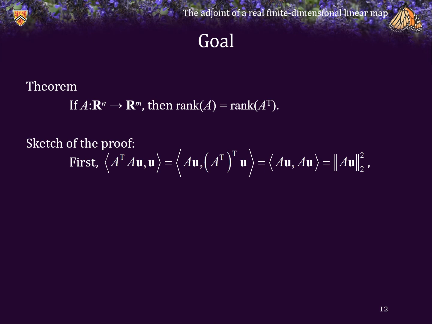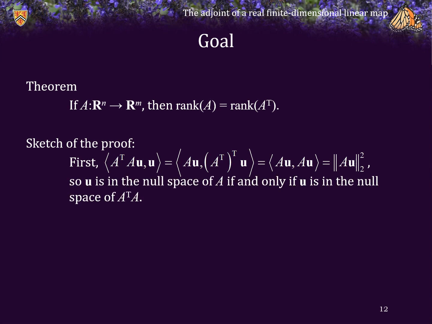And so consequently, the inner product of A transpose A u and u is equal to the 2 norm of Au all squared. So if A times u is not equal to 0, then A transpose A u cannot equal the zero vector. So u is in the null space of A if and only if u is in the null space of the composition A transpose times A. What that says is that the rank of A transpose times A is equal to the rank of A.